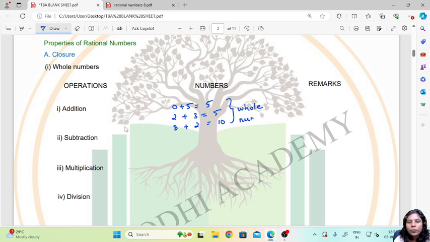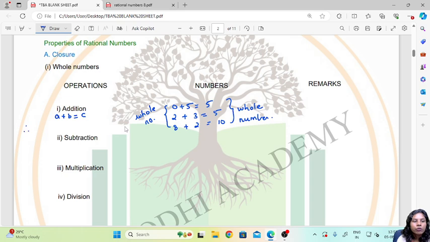Therefore, on addition of any two whole numbers, let us say you have A plus B and your answer is C. Here we can say that on adding A plus B we get C, and C is also a whole number. Therefore addition of any two whole numbers gives us another whole number.